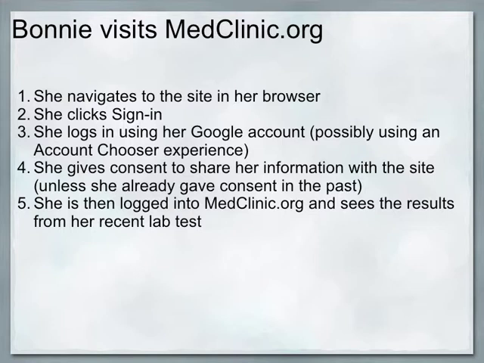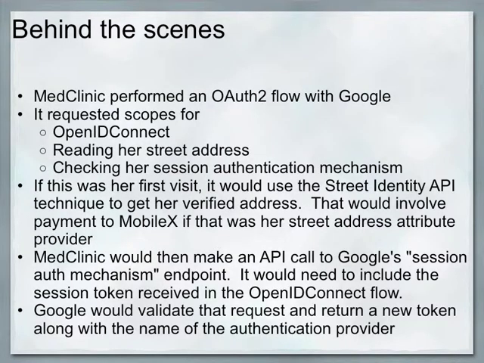When she gets there, assuming she had never visited the site before, she would need to then give consent for that site to have access to her verified street address or email, etc. After she gave that consent, now via OpenID Connect, she would get logged into that website. And the end user experience is she's logged into a website and voila, she sees her recent lab test results, including ones that are potentially very privacy sensitive.